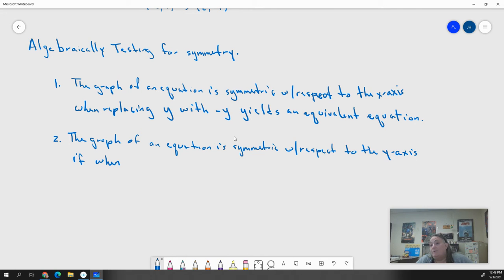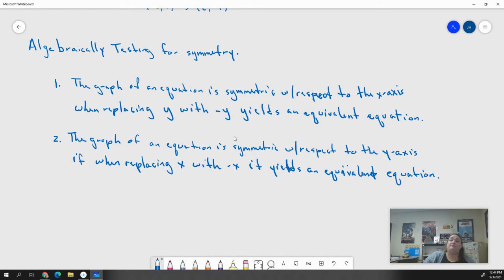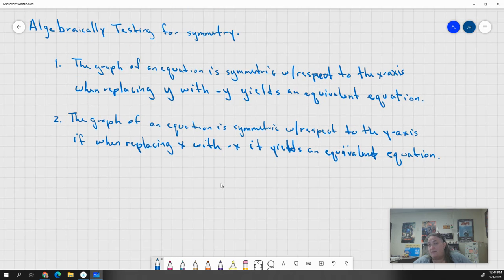If when replacing x with negative x, it yields an equivalent equation. And I'm going to show you examples of all this. Right now it's just getting the little rules down.